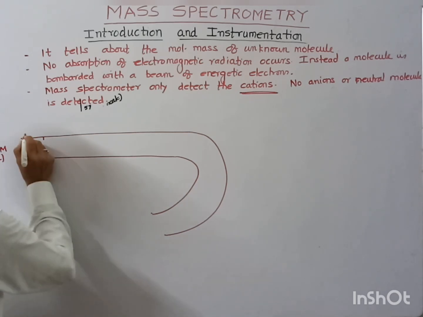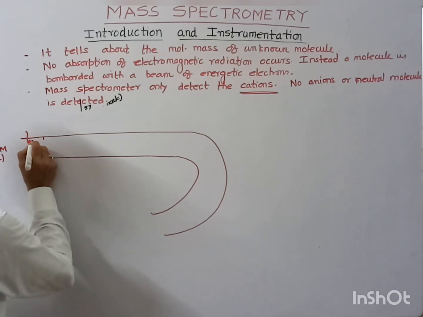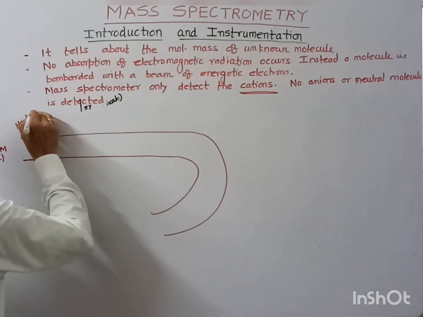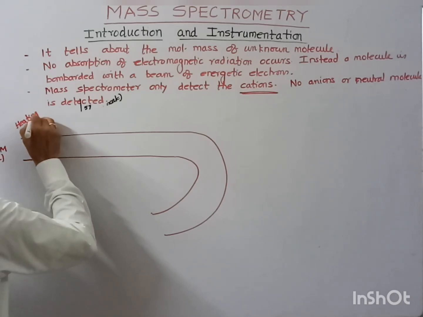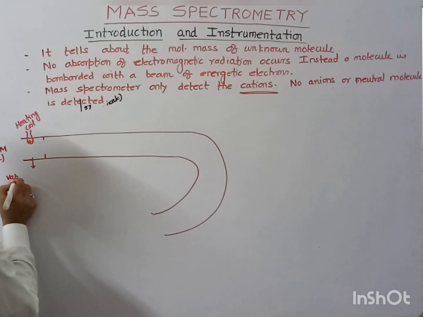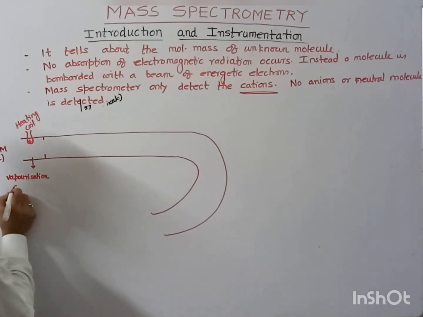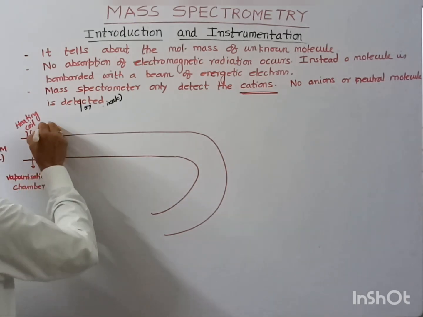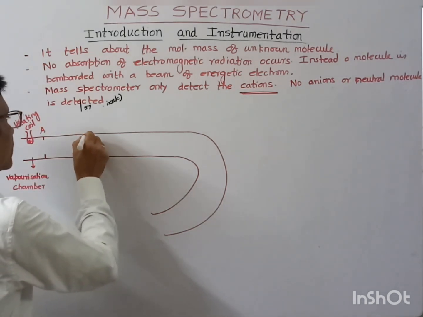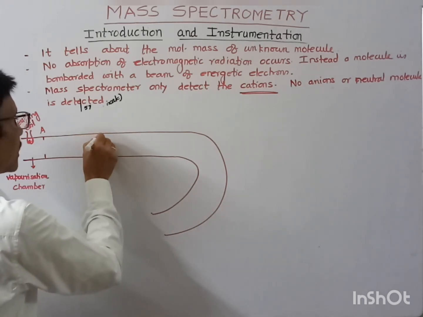If solid or liquid, it is vaporized in the presence of, suppose, this heating coil. This heating coil will vaporize it, so we may call this a vaporization chamber. After vaporization, suppose this is slit A, it is then ionized.